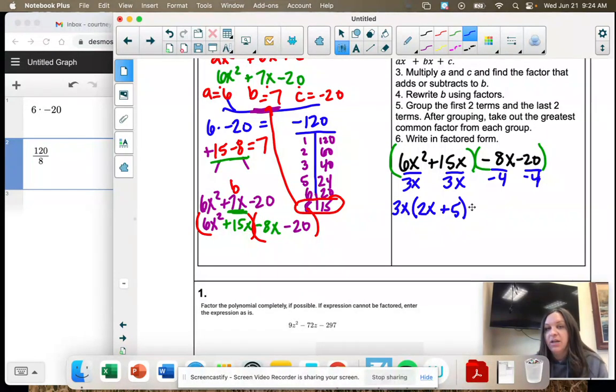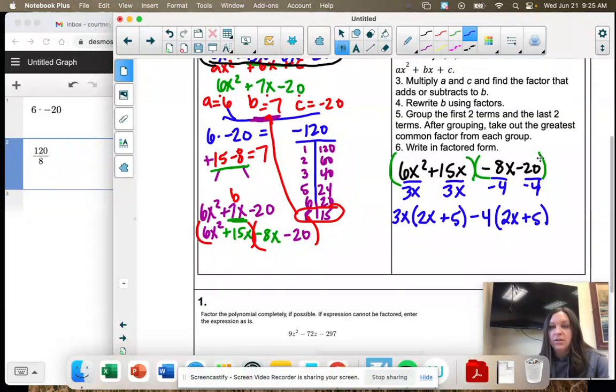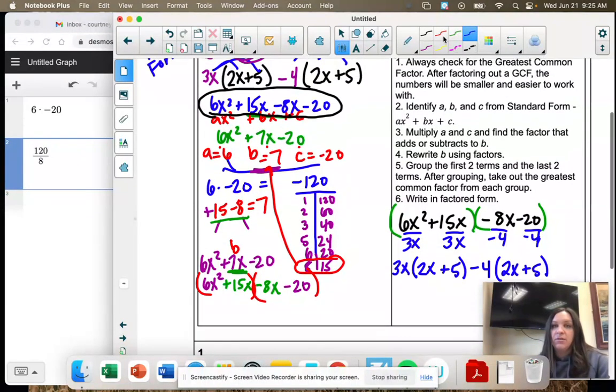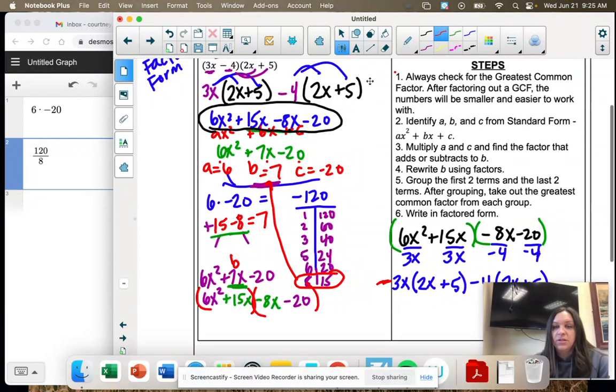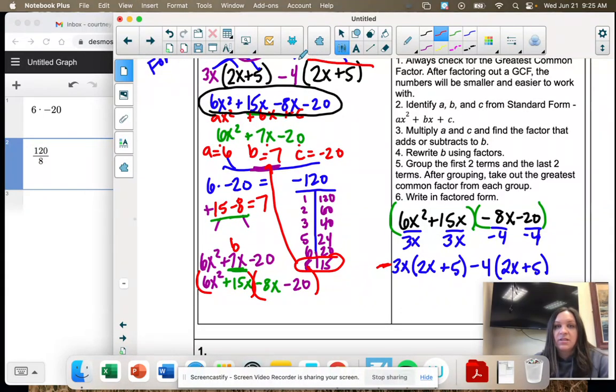So we're going to take out a negative 4. And we're left with positive 2x, negative 8 divided by negative 4, negative 20 divided by negative 4, positive 5. Do you see where we are now? This is equal to this. We just rewrote that step. So we're almost done.